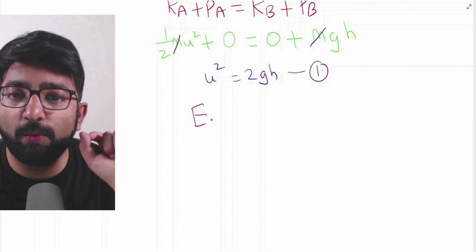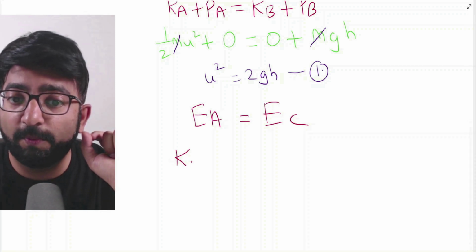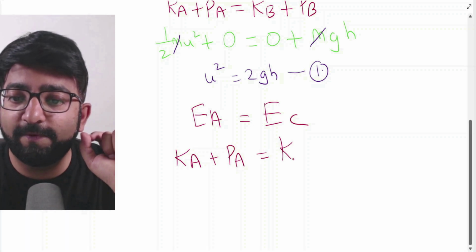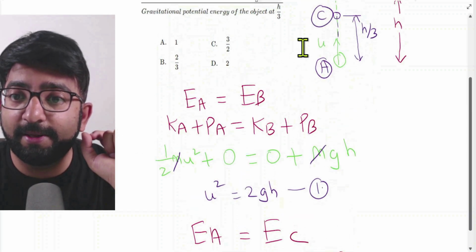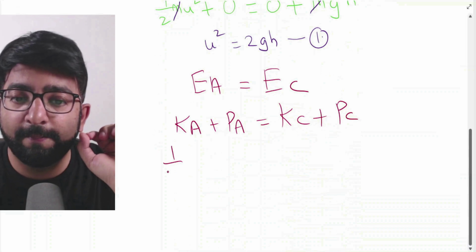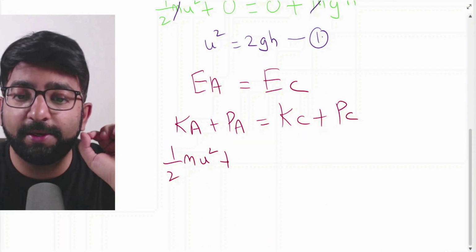So let's write down to equate the energy of A with C. Again, kinetic energy plus potential energy, both of them we have to consider for A as well as C. So Kc plus Pc. Kinetic energy at A, velocity was u, so it will become half mu square, and the ground potential energy is 0.